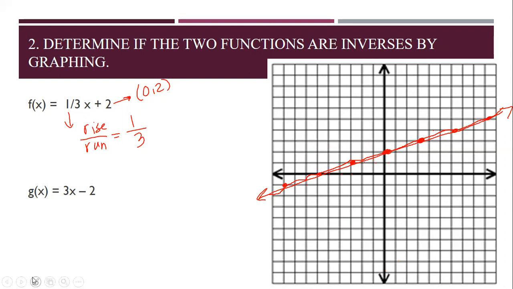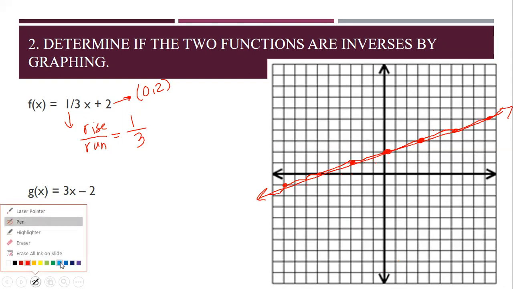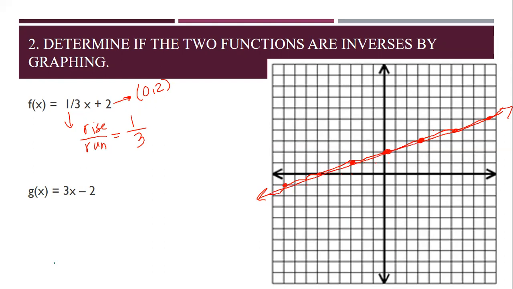All right. So I'm going to do the same thing with g that I did with f of x. So again, looking at what I have, this time I'm starting at 0, -2. I have my rise over run, and that equals rise 3, run 1. Agreed?